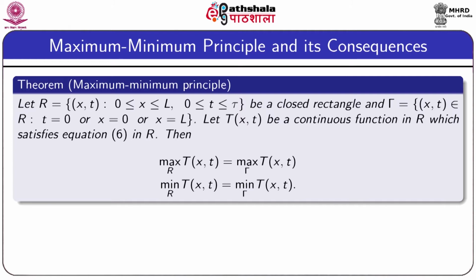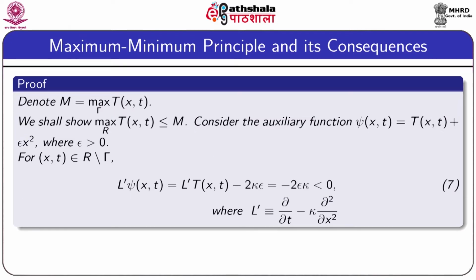Now, we are going to prove this theorem. Capital M is the maximum of capital T in the region gamma. We shall show that the maximum of capital T over the region capital R is less than or equal to capital M. To prove this, we consider an auxiliary function psi equal to T plus epsilon x square, where epsilon is greater than 0.